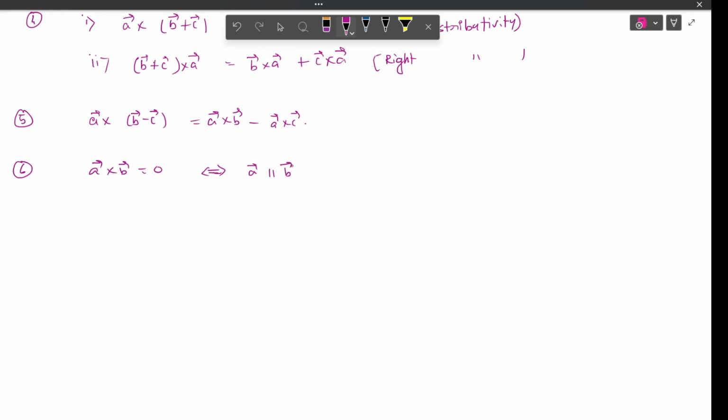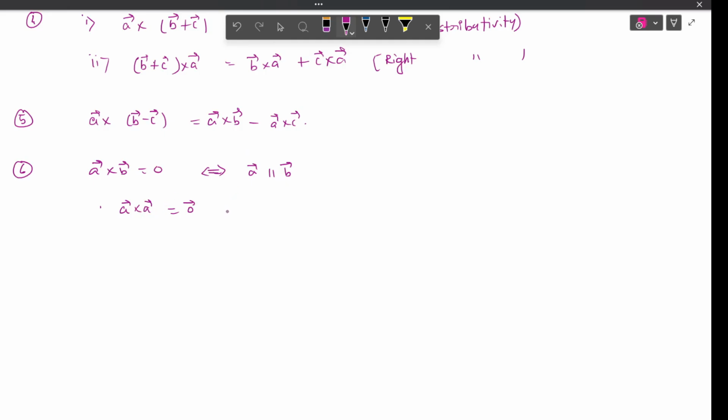In this manner, the cross product of a vector with itself, A cross A, is always the zero vector because they are parallel vectors.